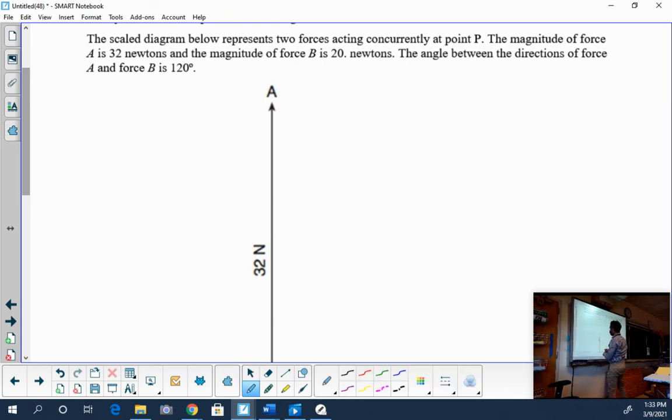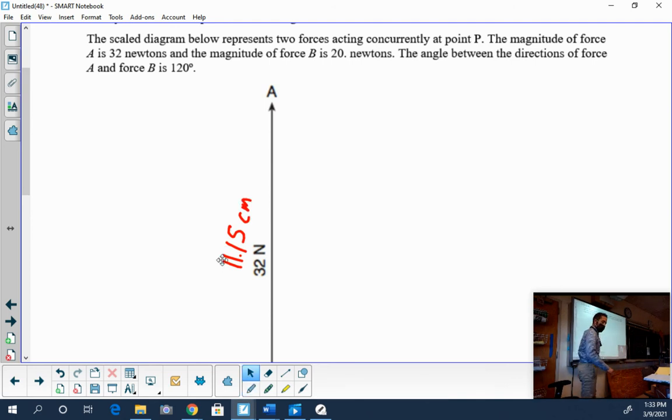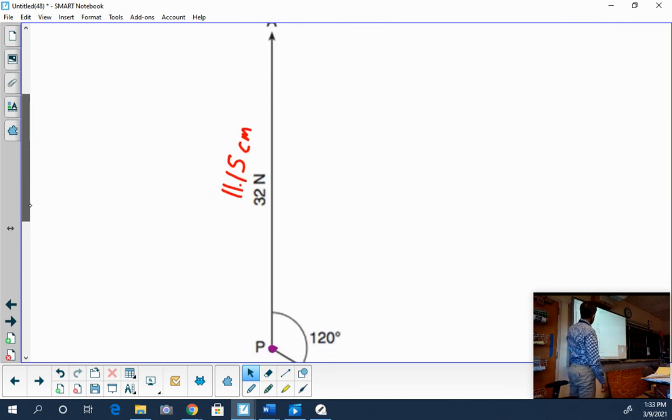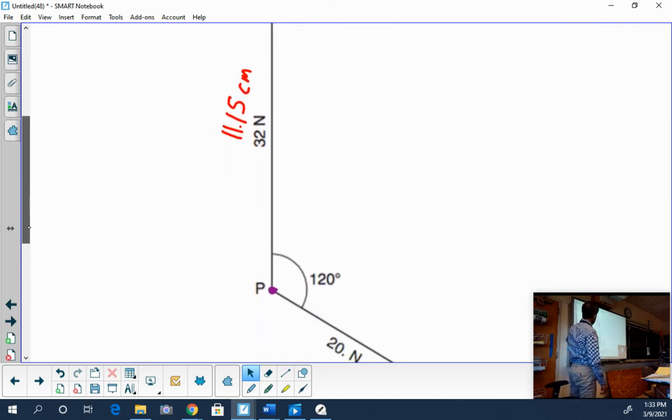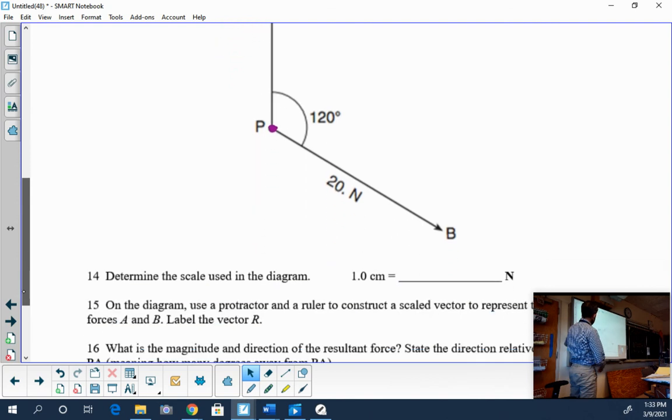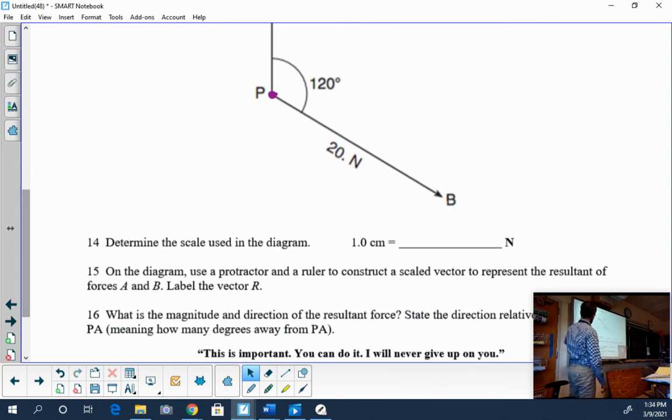So this 32 newtons, this length right here is 11.15 centimeters. If you actually printed it at home, your printer might scale it slightly differently, but let's make PA 11.15 centimeters, and you can use that then to figure out your scale and all the rest of this business.